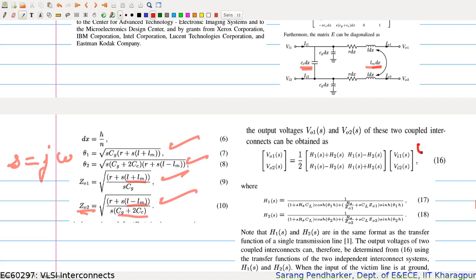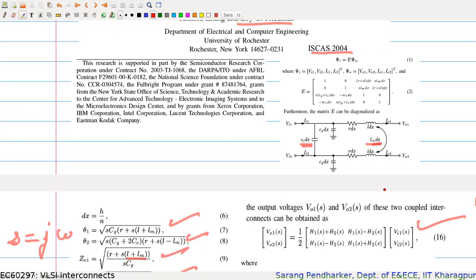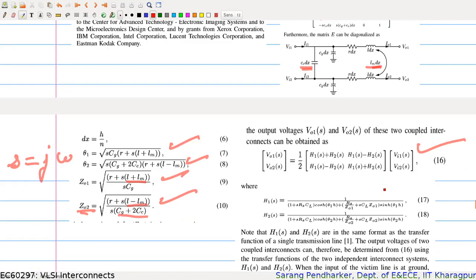Then you can also see a matrix like this. We have just now derived this matrix. We are calling this 1 and 2. The subscript here is 1 and 2, but basically it's common mode and difference mode. And then you can see that these are your H matrices, where there are terms like Z01, Z02, which come from the equations we had derived when we were discussing the RLC interconnect.